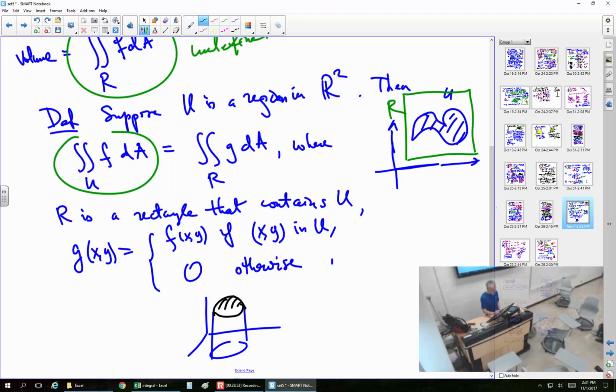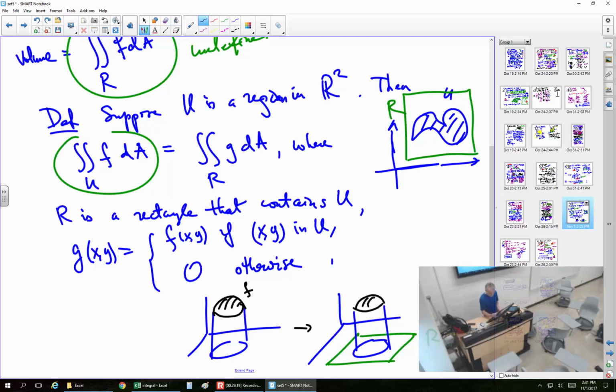So that is my f, and then I transition this to what? I add a rectangle first. So that's my circle here, and that's my rectangle R. Whatever happens to that surface is really not a big deal.